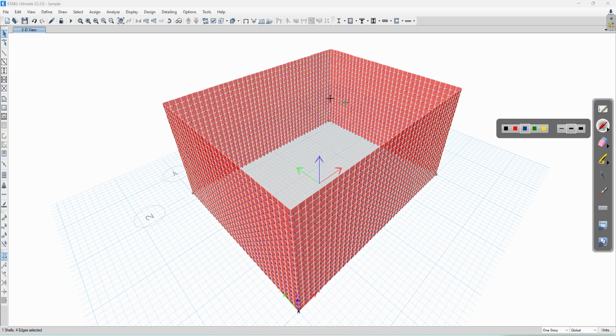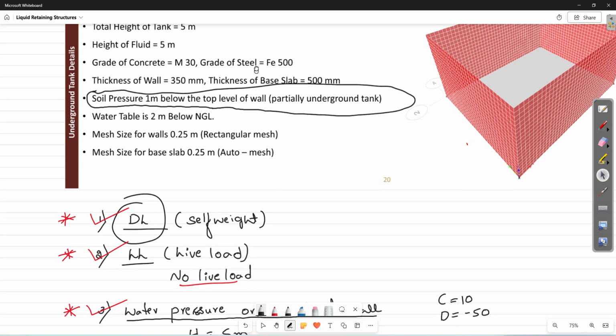So your water pressure is from full, whereas your soil pressure is 1 meter below the top of tank, on all the 4 walls. So how to calculate? First we shall see the calculation, then we will assign it.